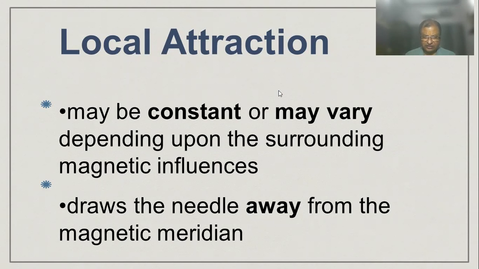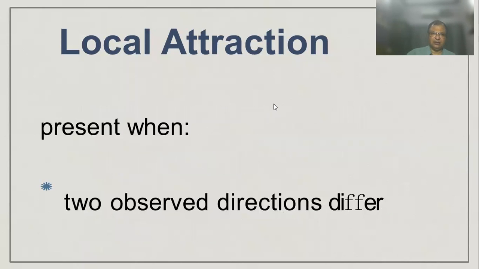So it draws the needle away from the magnetic meridian. Local attraction is present when two observed directions differ.